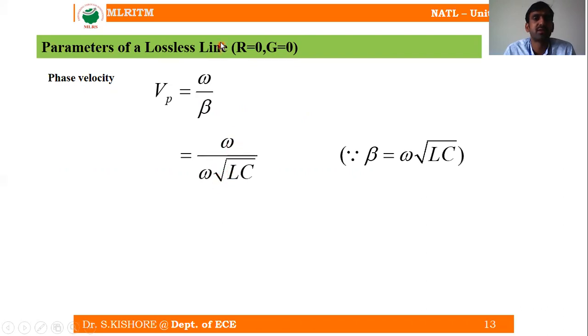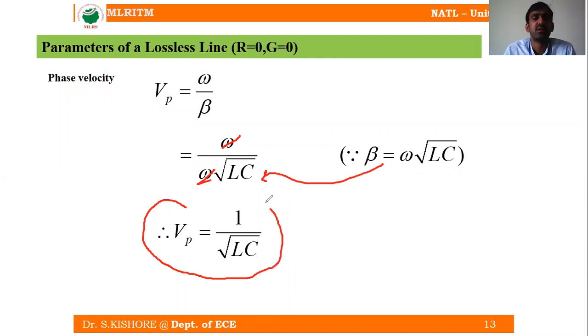Substituting in omega by beta, the omega cancels and we have Vp is equal to 1 by root over LC. So this is the expression for the phase velocity of the lossless transmission line.